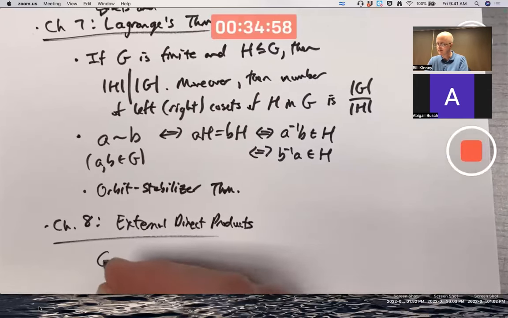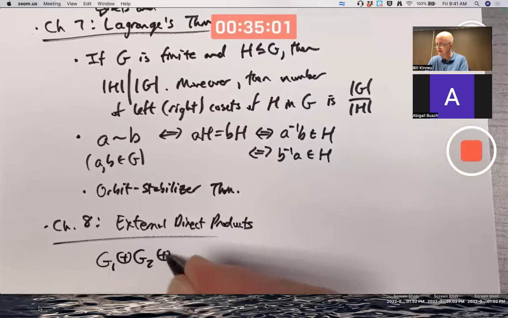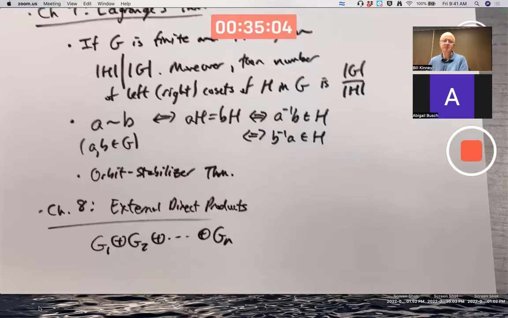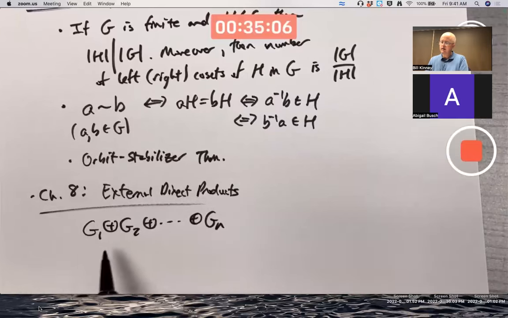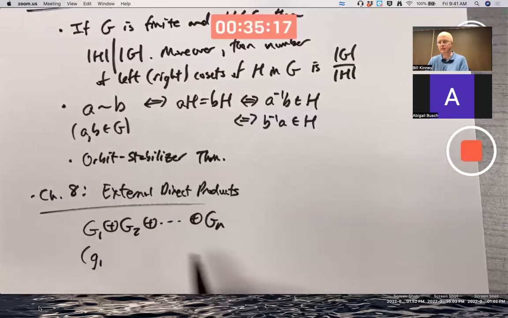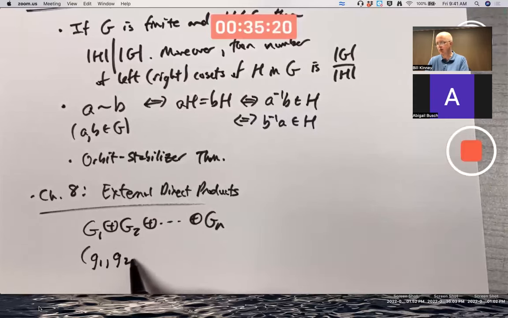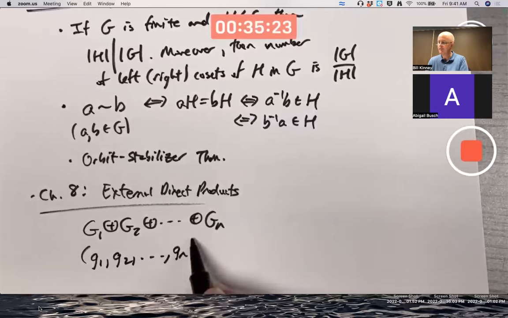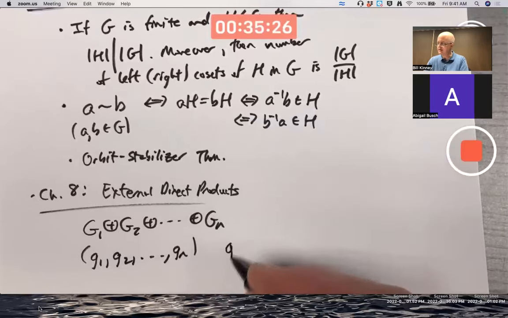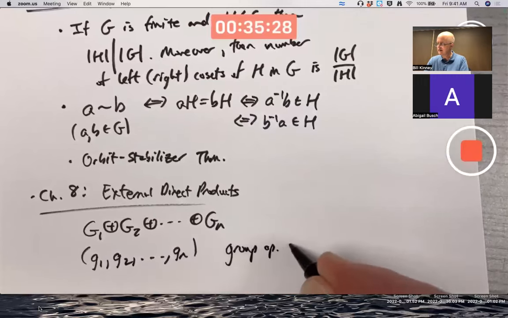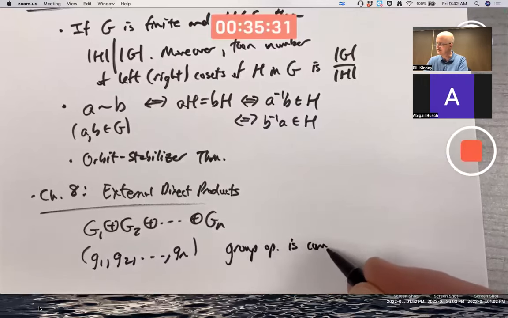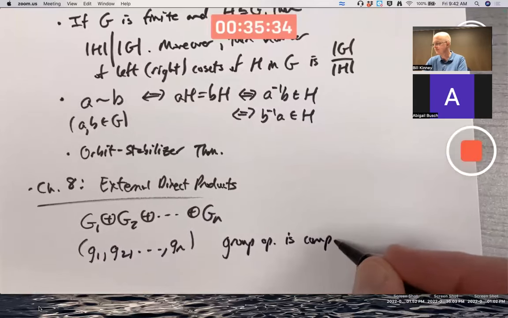In general, maybe you've got something like this. Written that way, the elements are ordered pairs if you've got 2 groups being combined, ordered triples if it's 3, or you'd call this an ordered n-tuple if there's n of them. And the group operation is componentwise. You'd call these things components or coordinates.